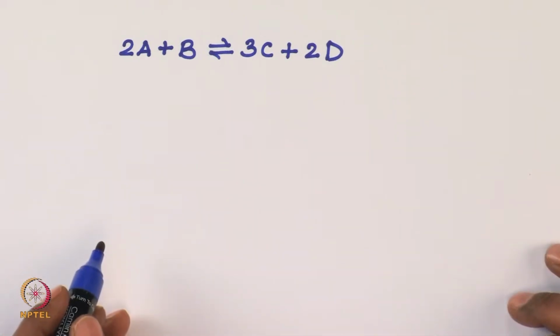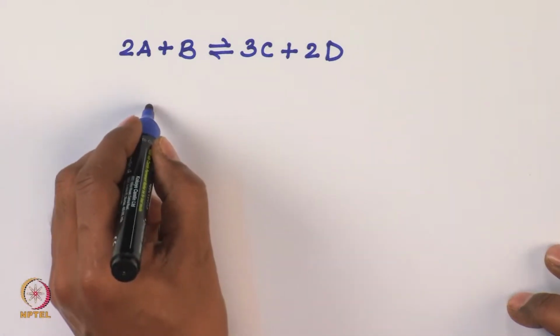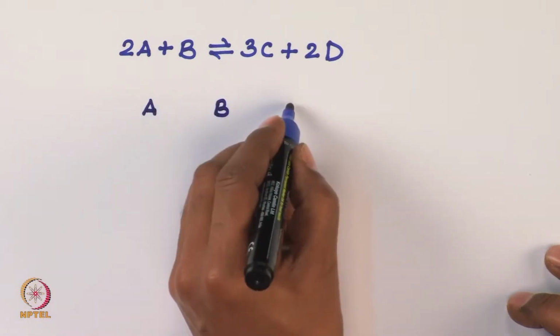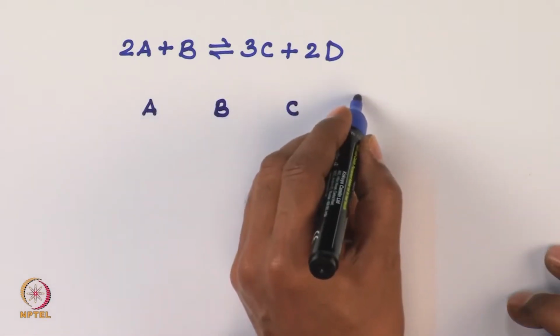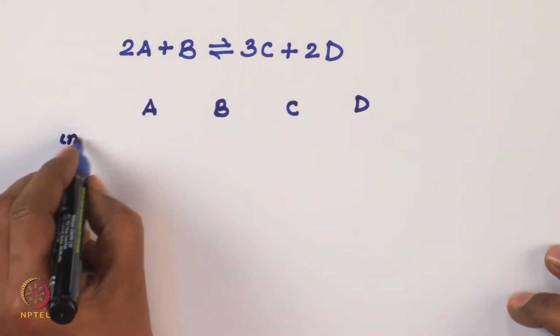So, what we will do is, we will list A, B, C and D initial amounts.